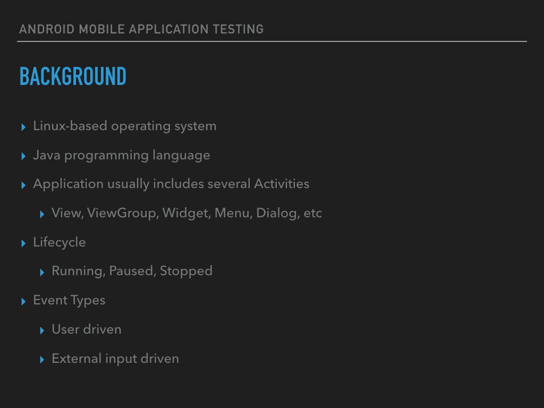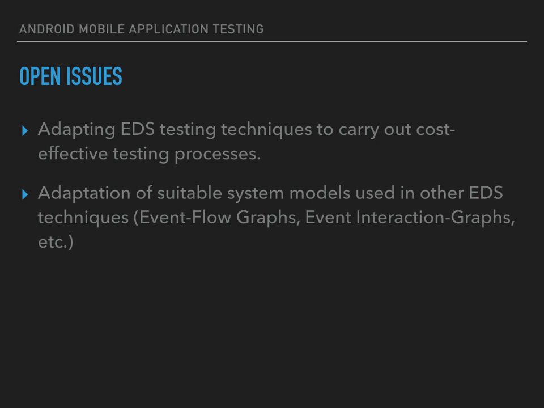That would be considered an external input driven event. Okay. So next, let's go to our next slide, and we're just going to discuss some of the open issues that we have on the Android platform when testing applications.